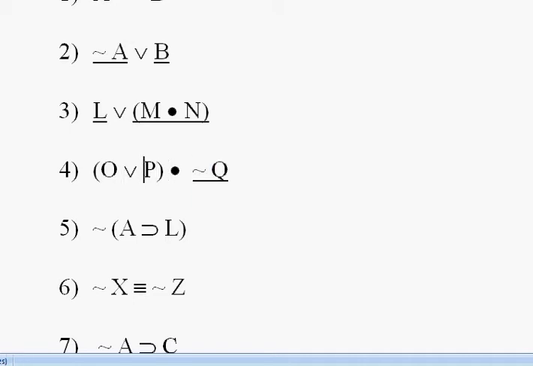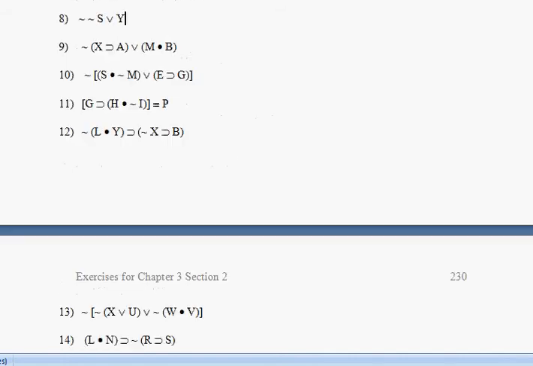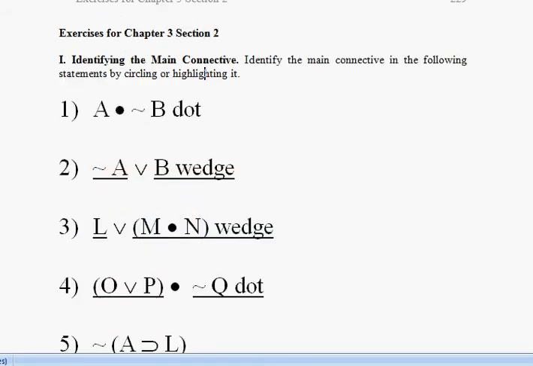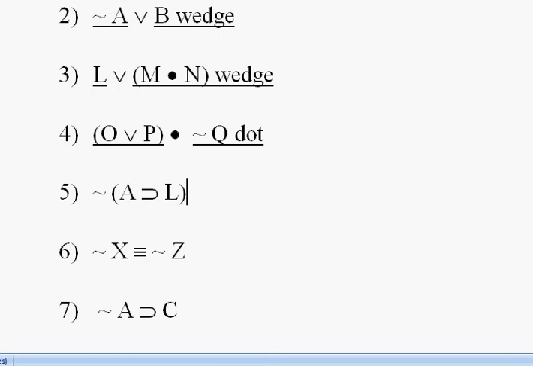The wedge here is controlling both of these, right? But the dot is controlling everything inside those parentheses as well as everything over here. And so the dot becomes the main operator. So that's dot, wedge, wedge, and dot. Let's go ahead and we'll do about 4 or 5 more of these.